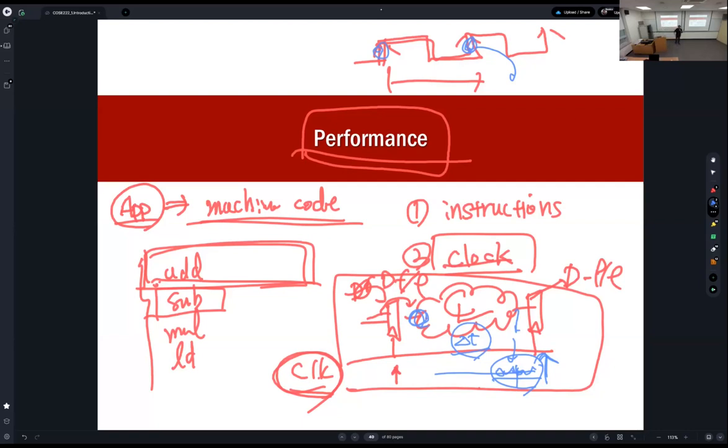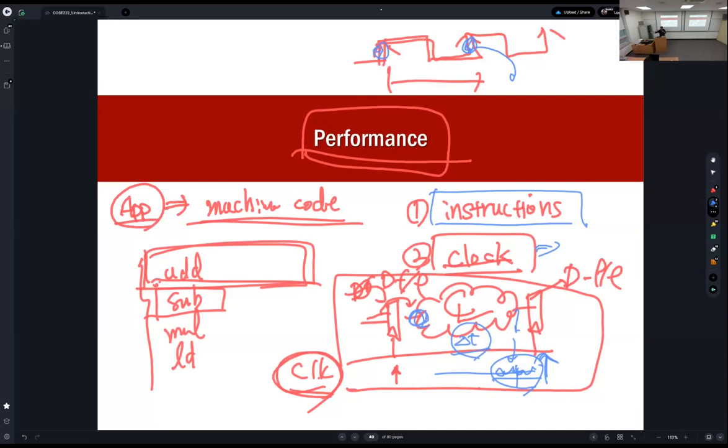And the CPU is a kind of digital system, which means the CPU also works like this. Then why is it important? I said that the CPU executes instructions one by one. One instruction is executed, and then the next instruction is executed.